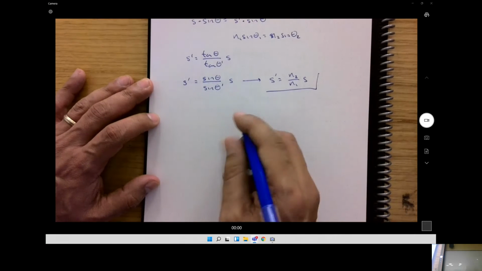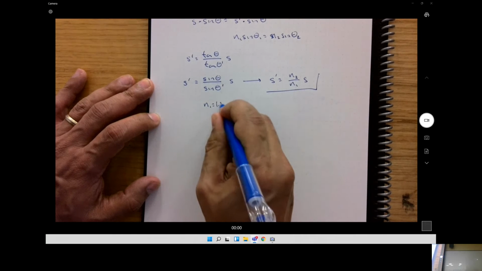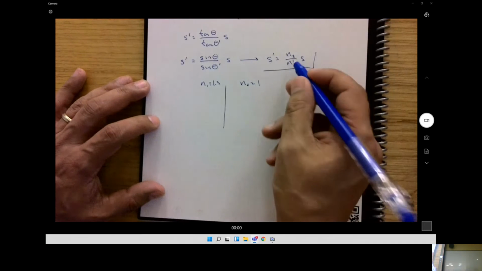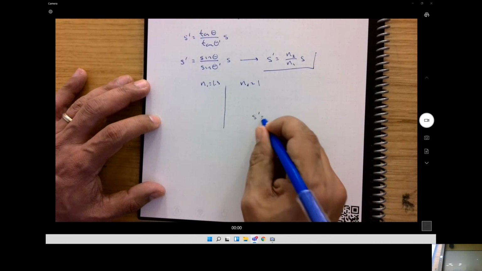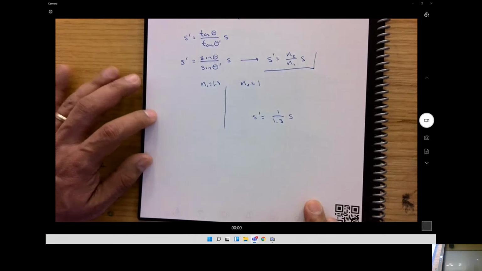Okay, so remember in our drawing, we have n1 to be 1.3 and n2 was 1. So here we have S prime will be 1 over 1.3 times whatever value we're going to have.